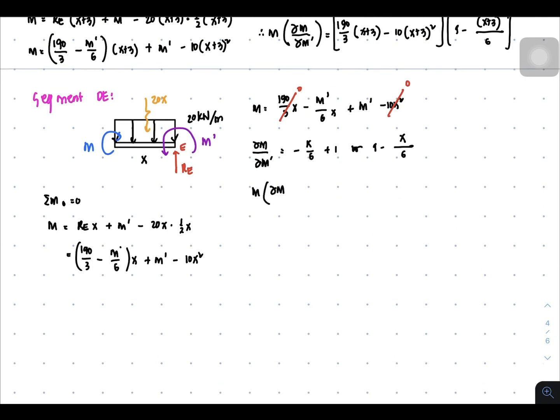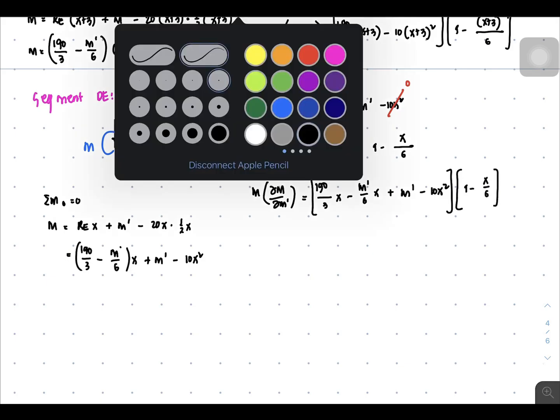So therefore, the product of the two terms, which is essential, we now have to write 190 over 3x minus M prime over 6x plus M prime minus 10x squared, and you multiply it with 1 minus x over 6.